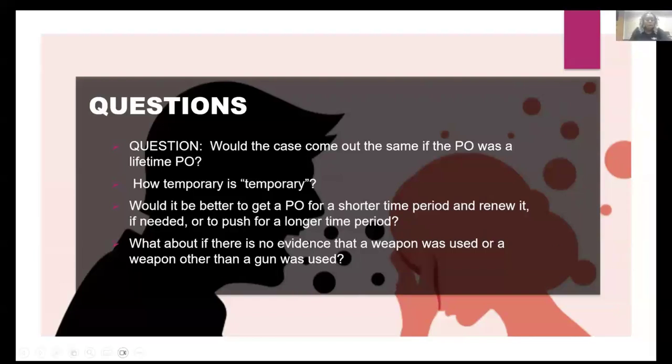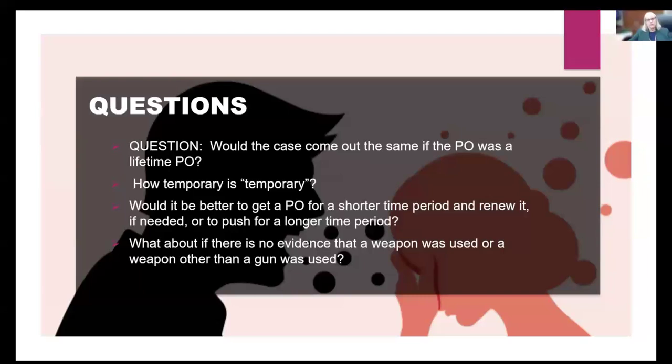Could they challenge that in the courts? Again, I don't know that we have a clear resolution based on the opinions that came out of Rahimi.